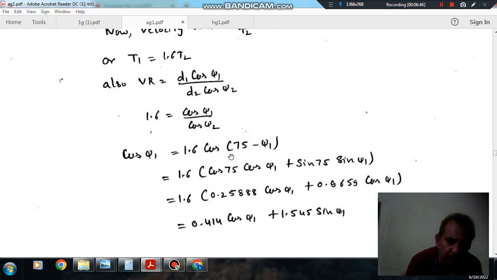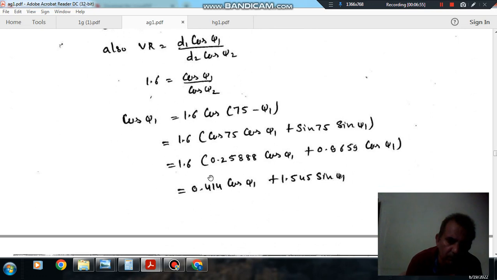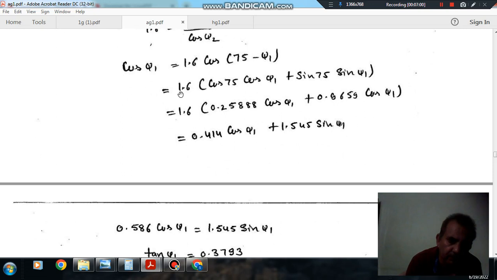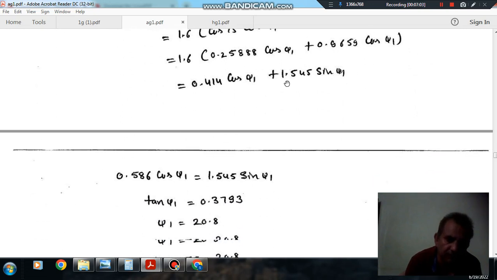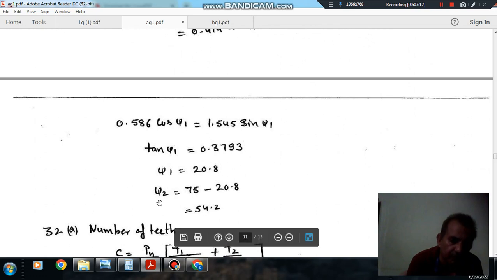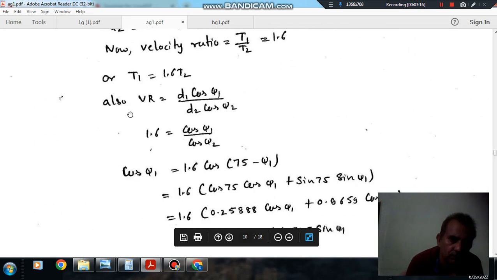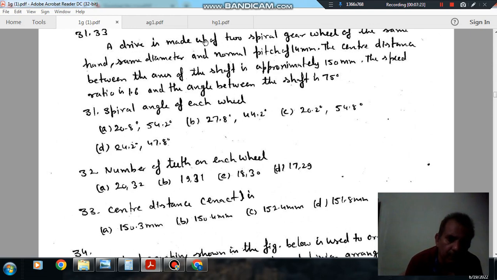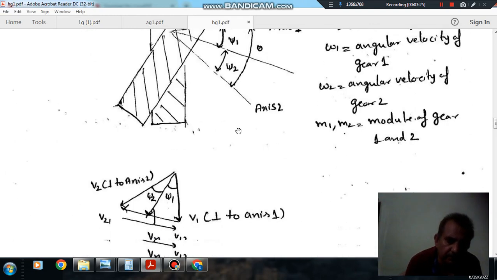So solving this using the formula cos (A minus B) is cos A cos B plus sin A sin B, and putting the values of cos 75 and sin 75, we have the terms left as cos psi 1 and sin psi 1, or it will be tan psi 1, that will be 0.3793, so psi 1 is 20.8 and psi 2 is 54.2. So the answer to the first question is option A.